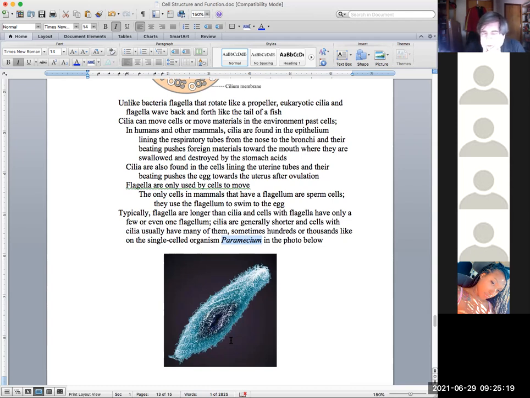So when we look at cilia and flagella, we don't see them in a lot of cells in humans. We only see flagella, or maybe I should say a flagellum, in one type of cell in humans. Does anybody know what this cell is? It is a cell that swims to where it needs to go.